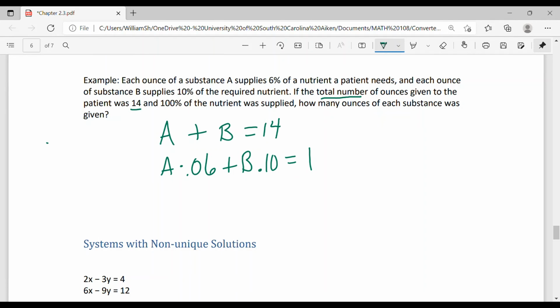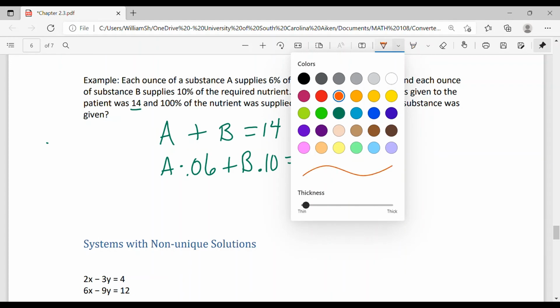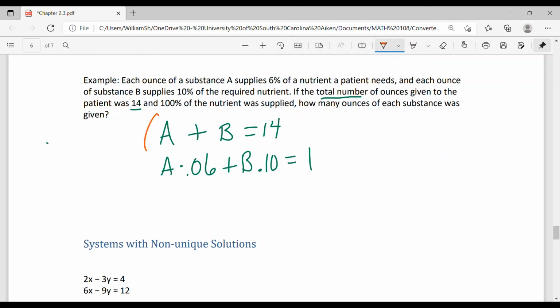Now let's solve for our A and our B. I'm going to use elimination. I'm going to multiply this entire thing by negative 0.06.